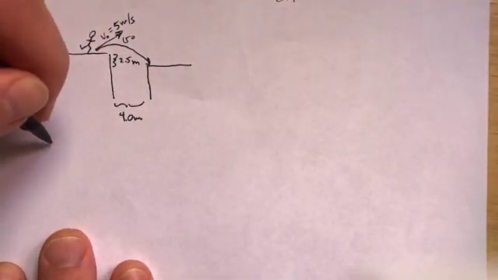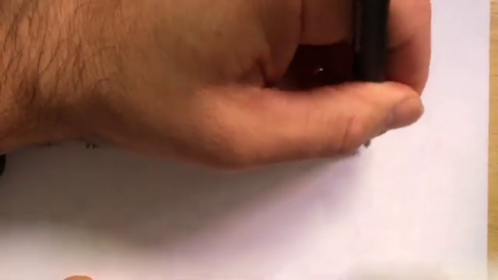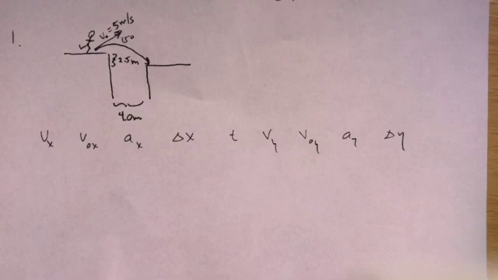So I'm going to write down my variable tables: Vx, V naught x, Ax, delta x, T, Vy, V naught y, Ay, delta y. Now, if this was a zero launch angle problem, I would know that the initial y velocity is 0, but in this case it's not.